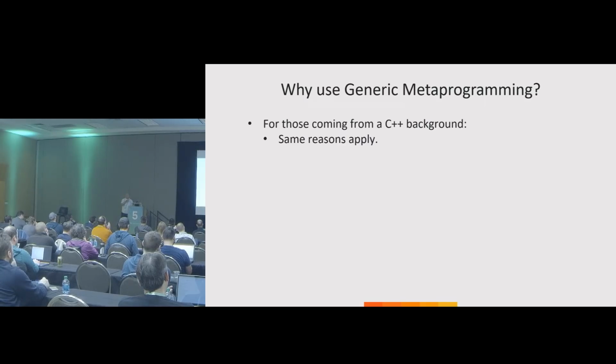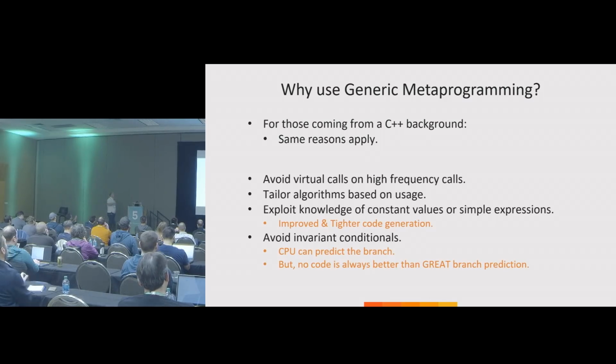Why is metaprogramming good? Because we have been using it successfully for years. So it's not something new; this has been here for 20 years. It's just that we didn't have the facilities to actually use it. So why would we use these kinds of facilities?